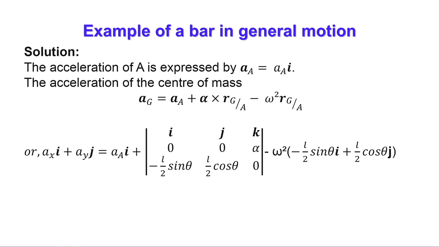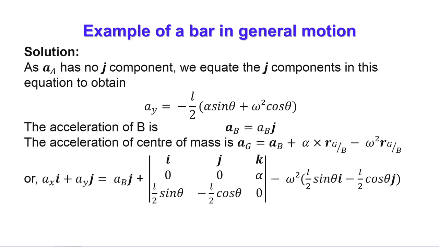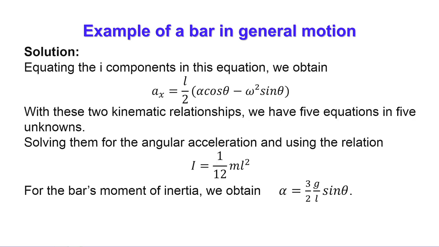A g has two components, because it is a planar problem, a x and a y. On the right side also we put all these things and compare the elements of the j component, and this way we get a y, and then we find a g. And so a x we can find out, and the bar's moment of inertia I we know, so from that we can find the angular acceleration alpha.